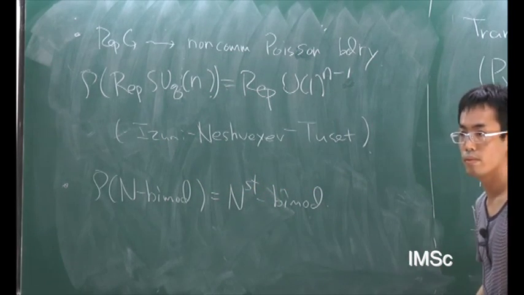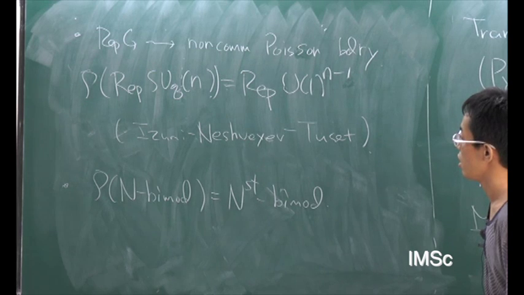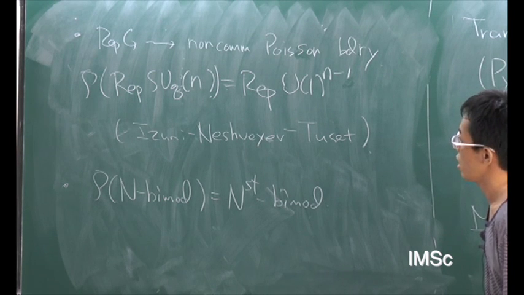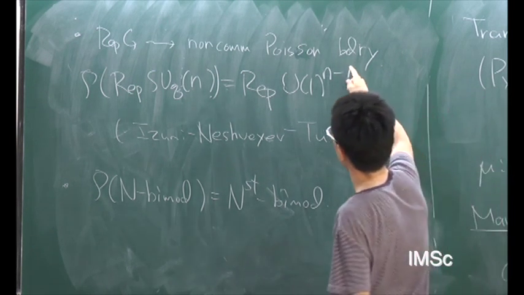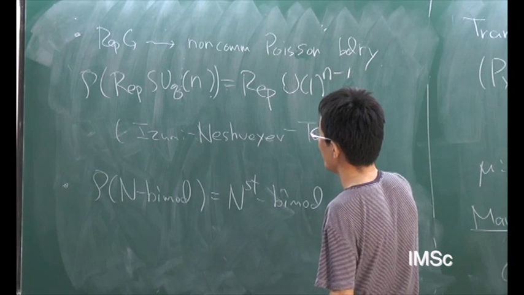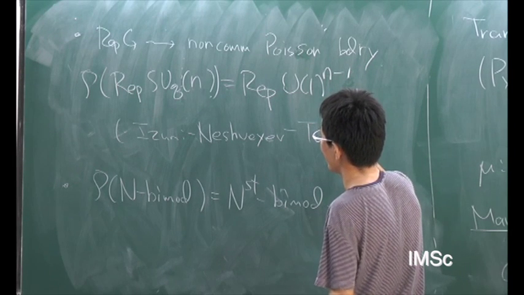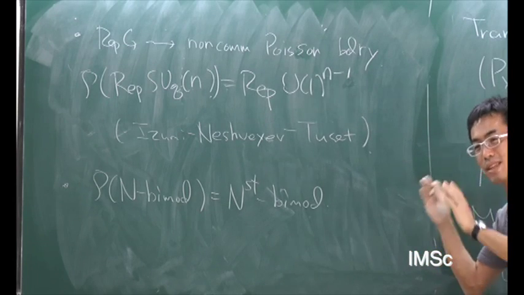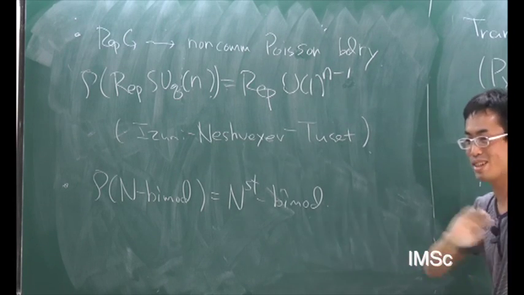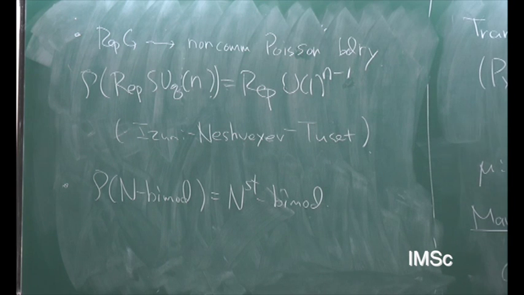What was that statement? I'm sorry, I missed the first statement. That the non-commutative Poisson boundary. Oh yeah, maybe I'd say a bit more in the talk. It's a bit complicated, a bit indirect correspondence, so just take my word. It has to do with the Poisson boundary, the non-commutative Poisson boundary. So the thing is, when you think about tensor functors from the representation category of a quantum group, they correspond to particular actions of G, in fact.